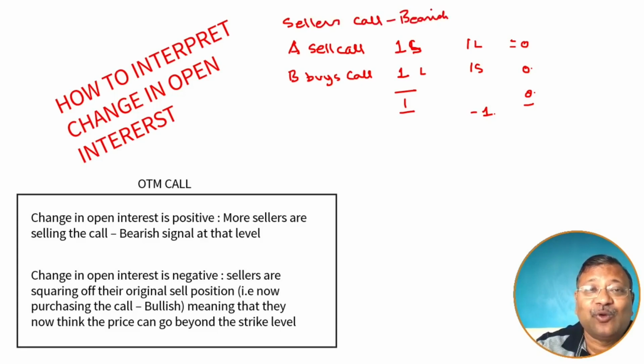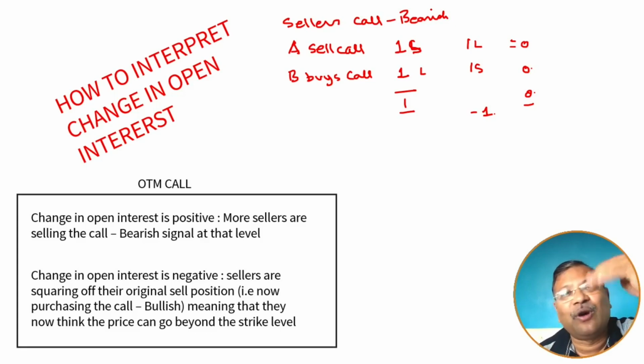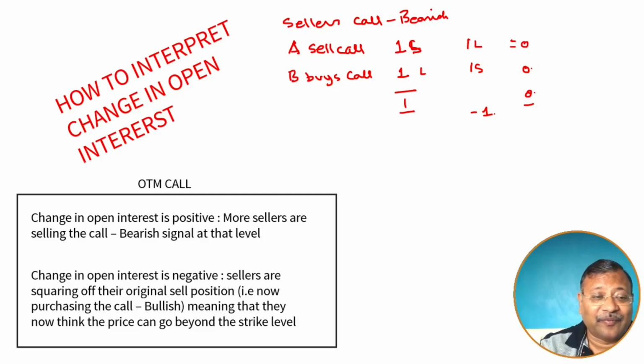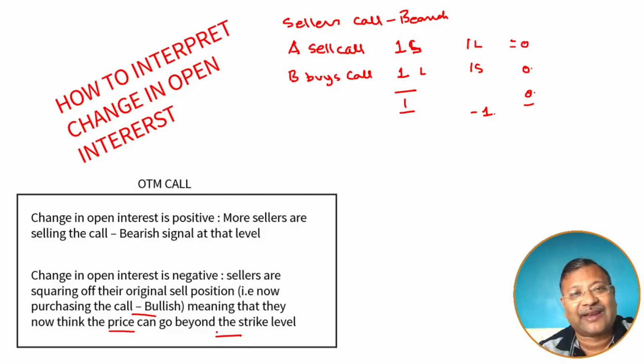They originally felt that the market will not go above this point, but now they are squaring off, which means they are changing their view. So now they are saying, looks like we made a mistake and the price might actually go above that point. So if the change in open interest is negative, sellers are squaring off their original sell position, that is, now purchasing the call, meaning that they now think that the price can go beyond the strike level.